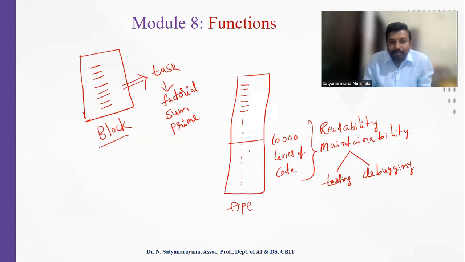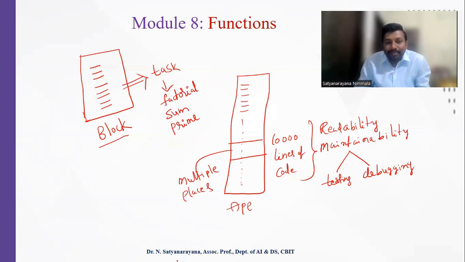I want to use some subpart of this program at multiple places in my application. What happens is, because you are keeping all these 10,000 lines of code as part of a single program, you cannot reuse some part of this code again and again wherever it is required in the application.